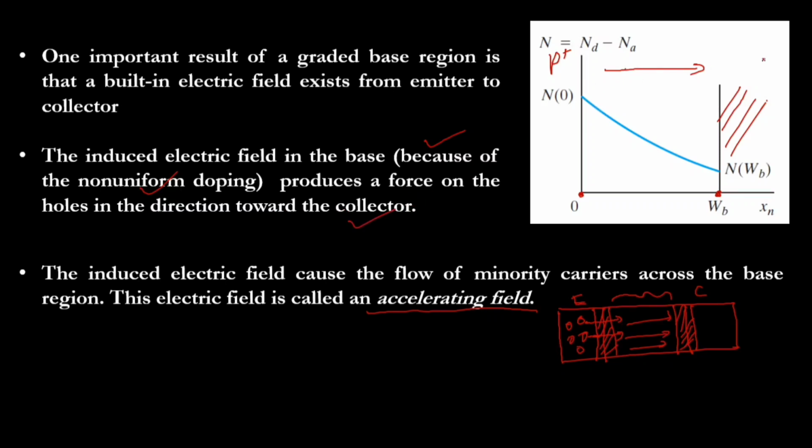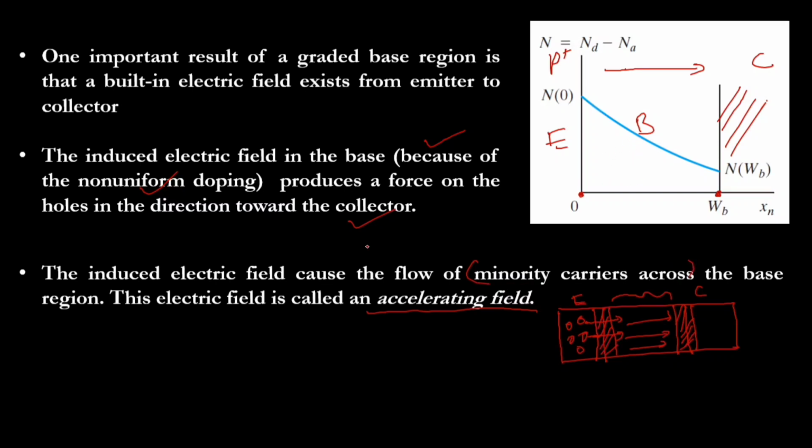This is my collector, this is my emitter, and this is my base. If I mark these three regions in this profile figure, the induced electric field causes the flow of minority carriers across the base region. Why do we use the term minority carriers? Because holes are minority carriers in the base region.